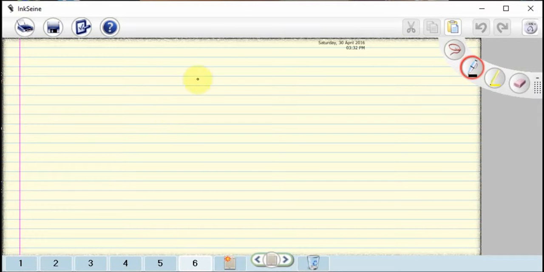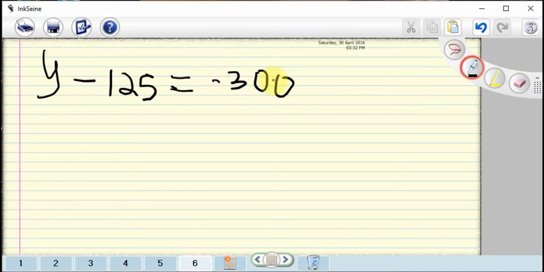So we simply substitute our values that we have into the equation of a tangent, and that is going to be y minus 125. Remember that our y value was 125, is equal to negative 300, our gradient, times x minus negative 2.